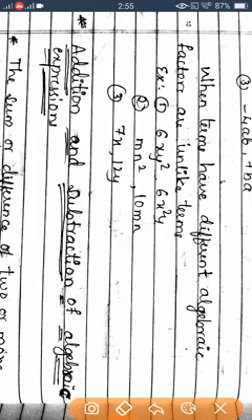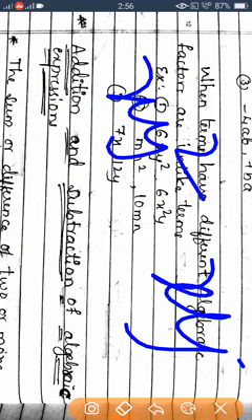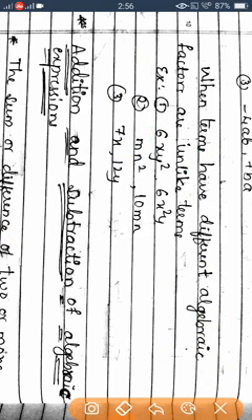No. That's why here y square is there, here x square is there. If it is x square y, the other should also be x square y. Or else if it is xy square, the other should also have xy square itself. That's why here also same thing. mn square is there, here mn is there. 7x and 12y are different algebraic factors.